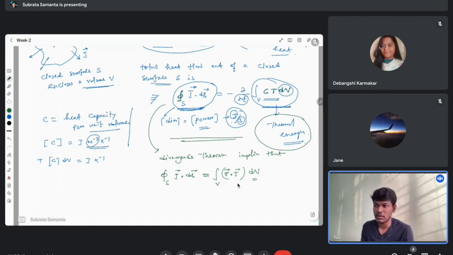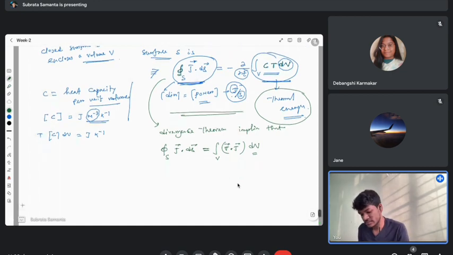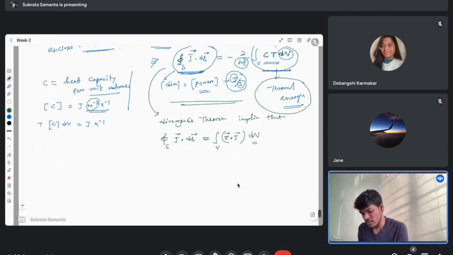Similarly, you learned in the mathematical course that a closed line integral relates to the area, which gives Stokes theorem. Now we use this divergence theorem in these equations.